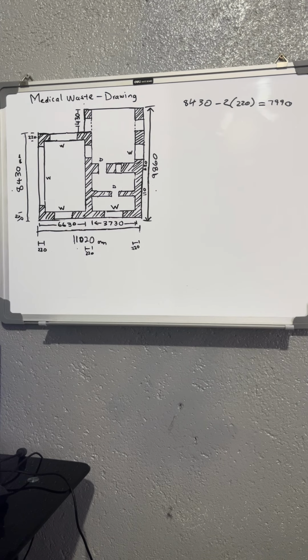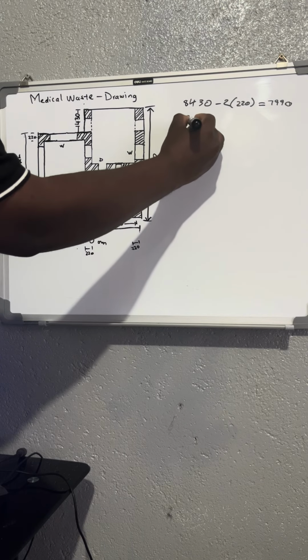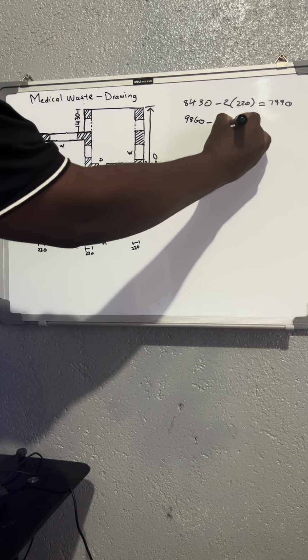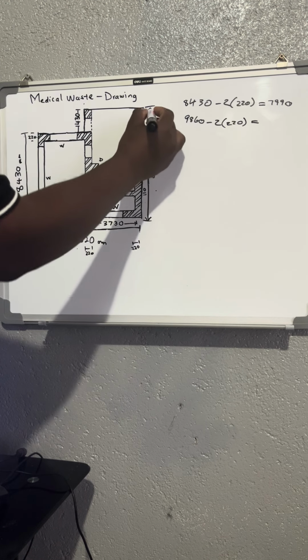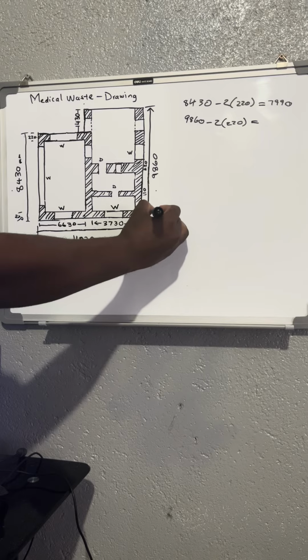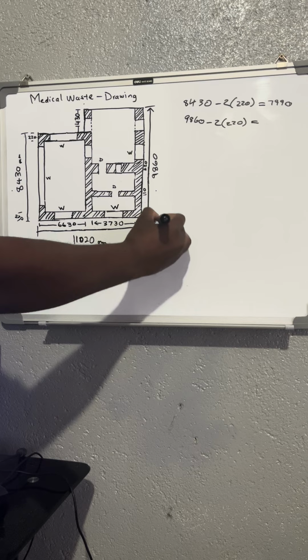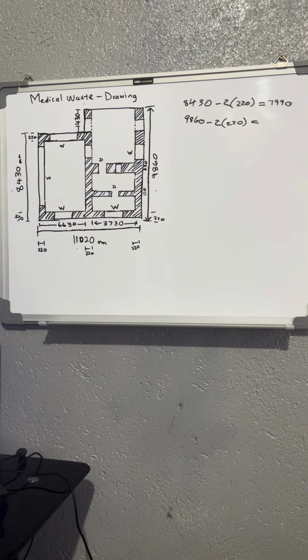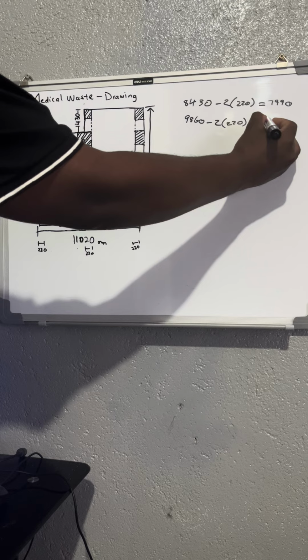We go to the other side. What we have is 9860 minus 2 into your 220 for the two corners. Also this one is 220. Then what do we get? We get 9420.